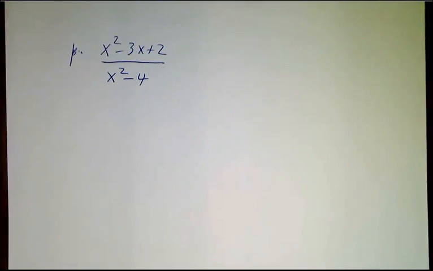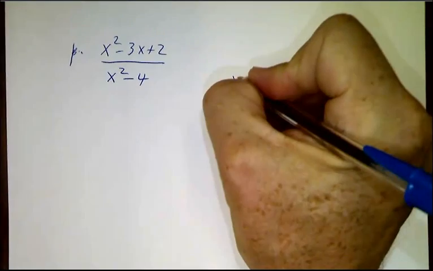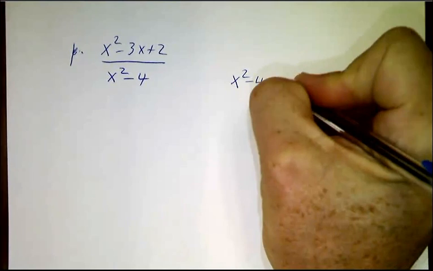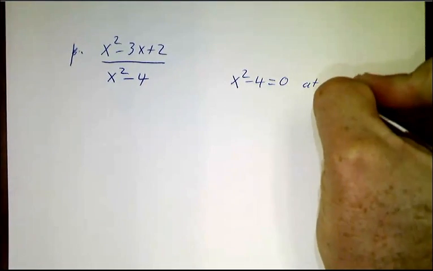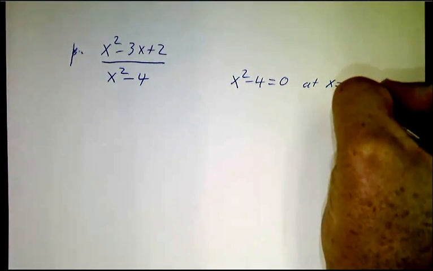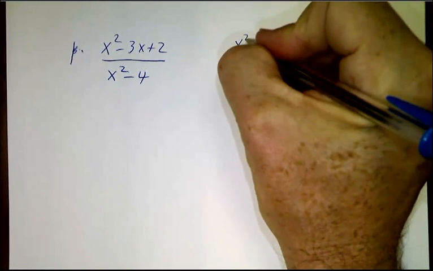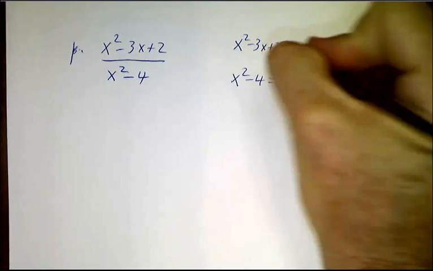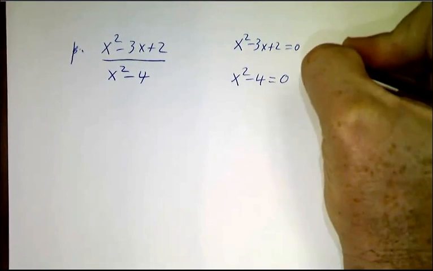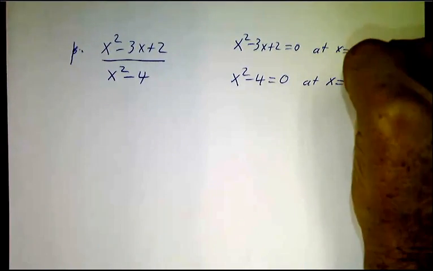Now, the denominator goes to 0 at plus or minus 2. So you might think that you have a vertical asymptote at 2 and one at minus 2. But the numerator goes to 0 at x equals 1 and x equals 2.